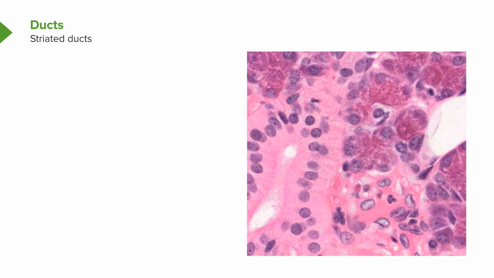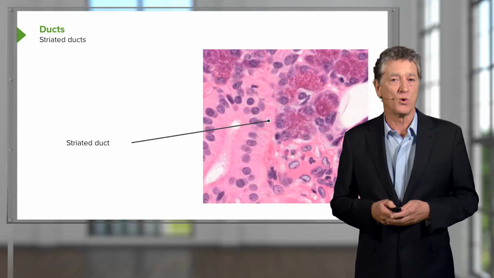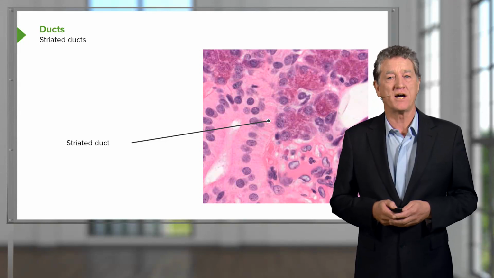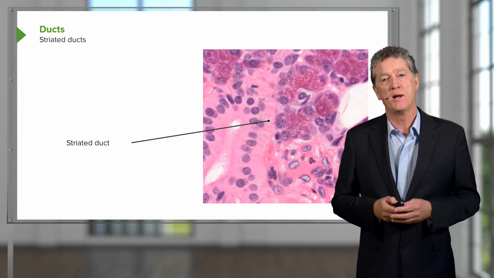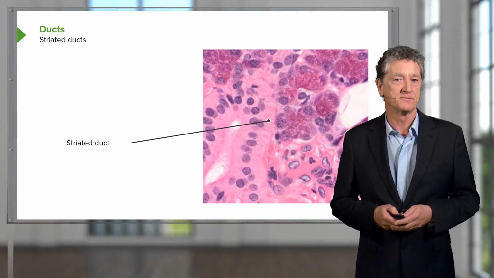And notice that there are these little pinkish or reddish stripes running along the basal aspect of this epithelium. That's why they're called striated ducts. And those striations represent, firstly, the arrangement of mitochondria in columns along the basal portion of the cell. And these mitochondria are arranged within many, many basal folds of the epithelial cell.